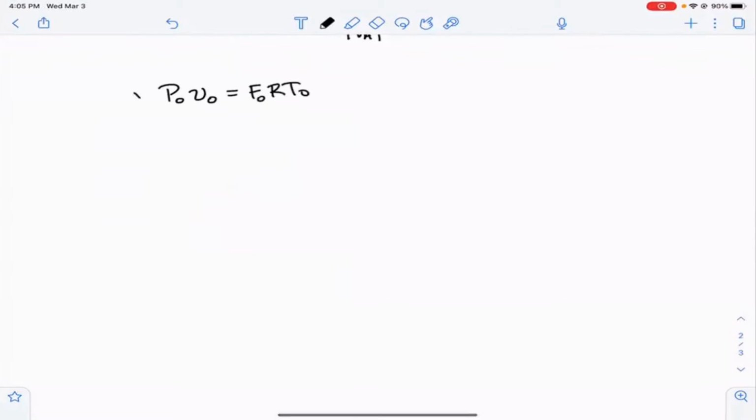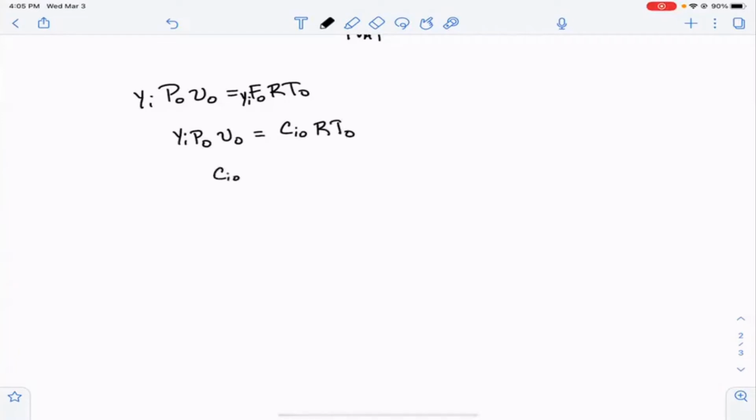If we multiply both sides by a mole fraction, we get Yi times P0 times V0 equals the initial concentration of i times R times T0.